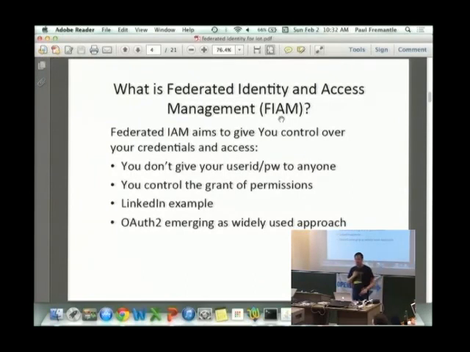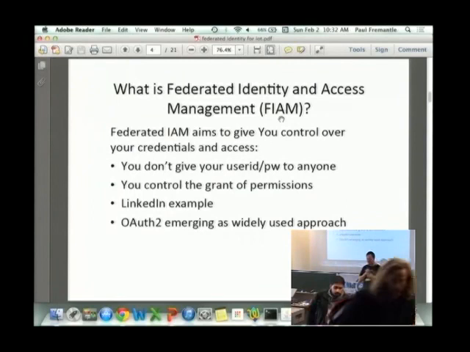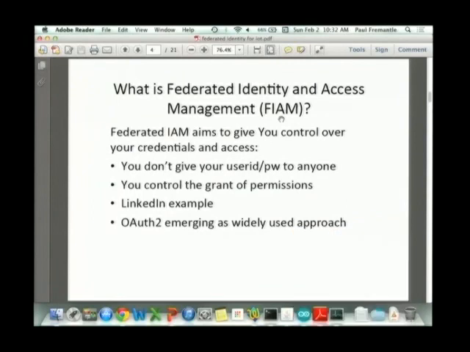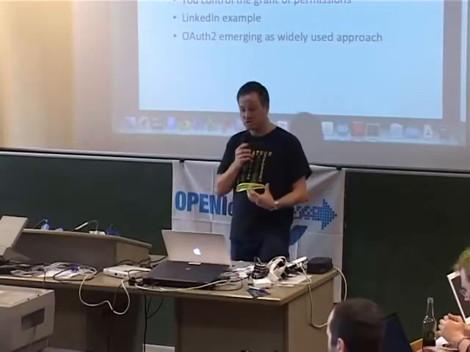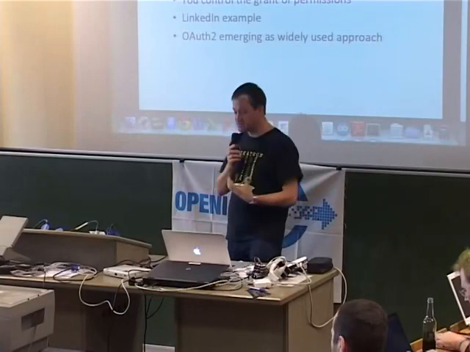I'll go and grab your contact list, and I promise not to send any emails, not to do anything else. And actually, they're currently facing a lawsuit in the US saying that they did more than they said they would. So OAuth 2 basically says it's up to me to authorize a token for LinkedIn to say how much they can access, what they can do, and how long that lasts. And that's also very important.